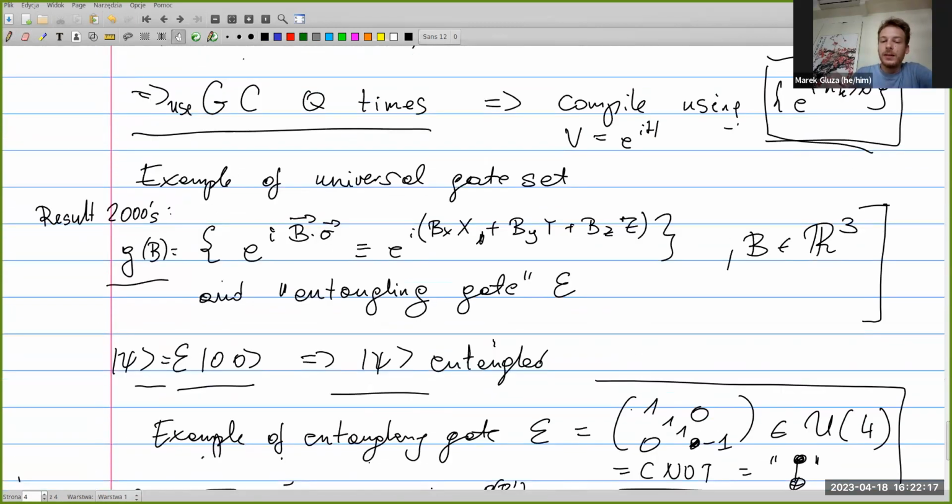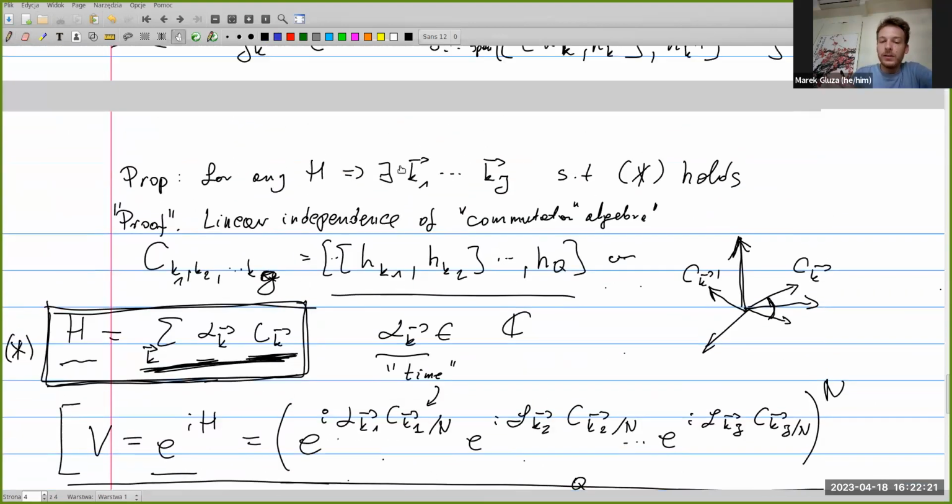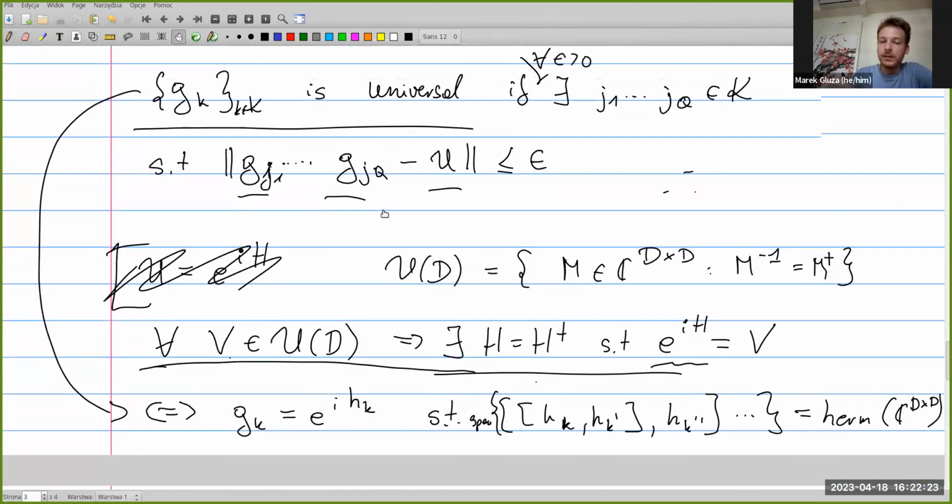But once we start creating commutators, it becomes an independent operation. Let's look at why this is an independent operation.